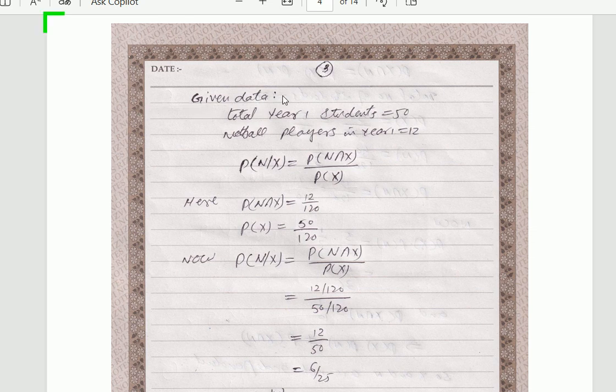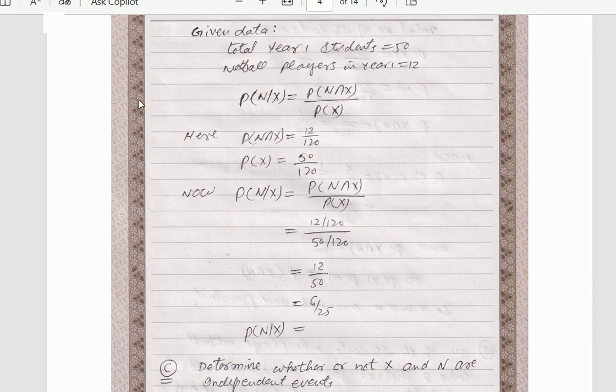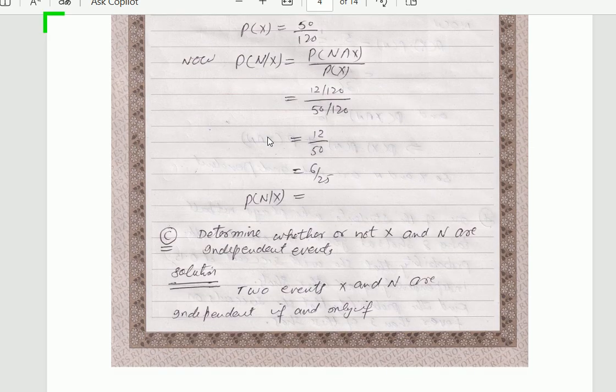Netball players in year 1 is equal to 12. Now the conditional probability of P of N given X is equal to P of N intersection X over P of X. So first we calculate P of N intersection X, which is equal to 12 over 120. P of X equals 50 over 120. By putting the values, after simplification, we get 6 over 25.